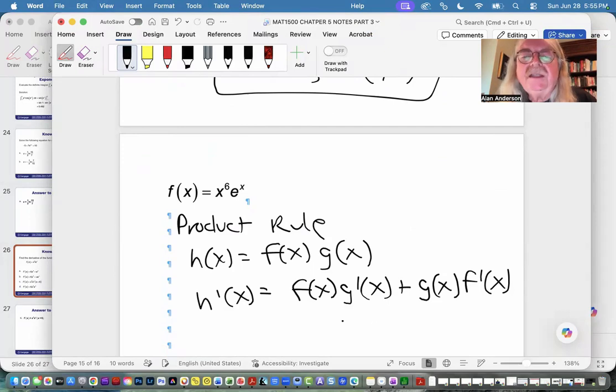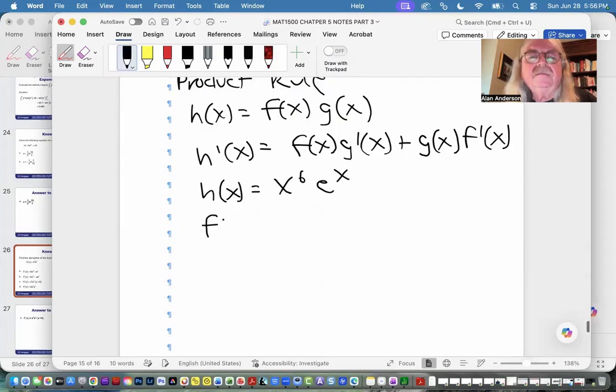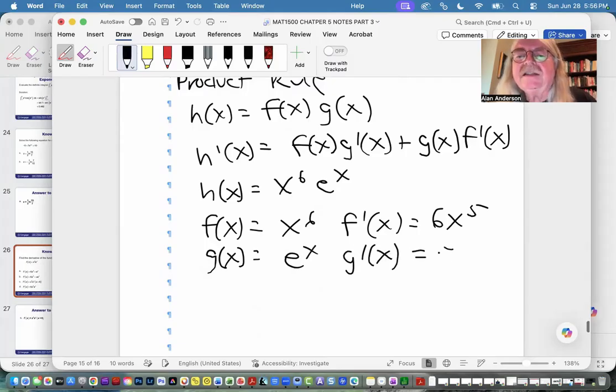And so here, you can think of this as x to the sixth e to the x. This would be our f of x. And then using the power rule, we have 6x to the fifth. If g of x is e to the x, then g prime of x is also e to the x.